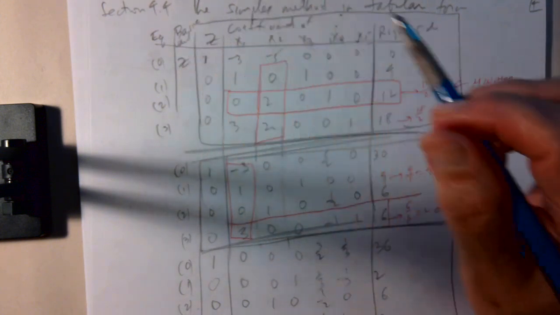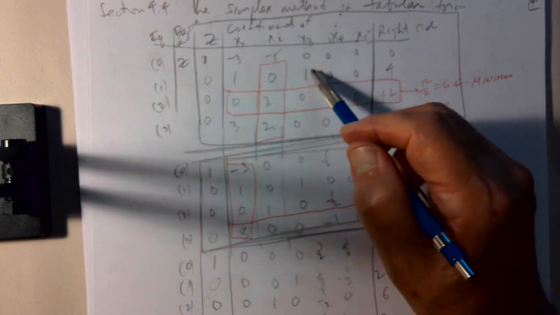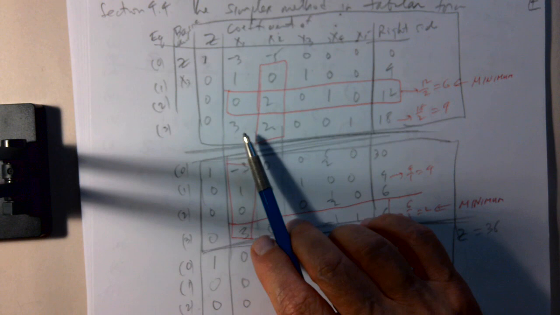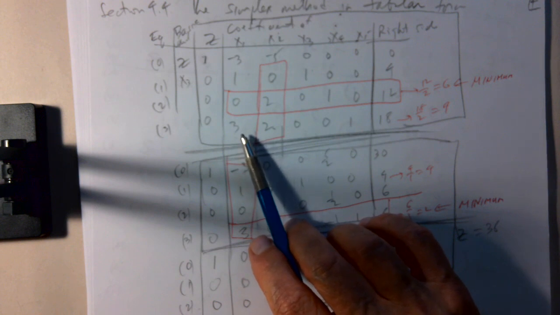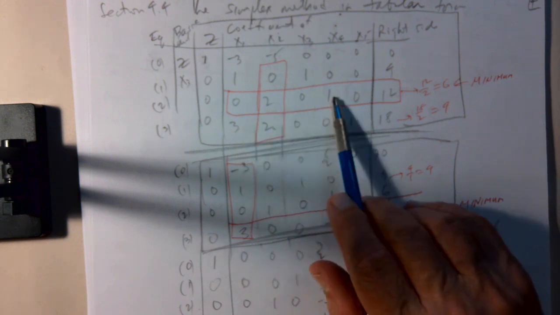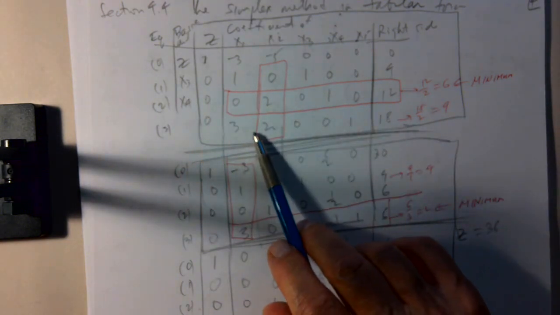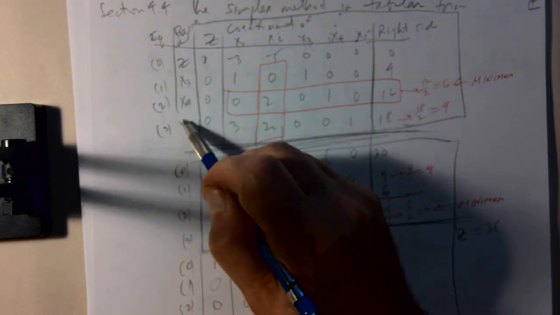So z, x1 is 0, x3, x2 is 0, that's x4, x1 and x2 are 0, x5.